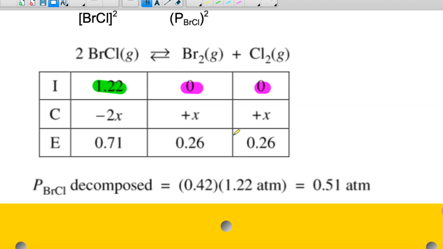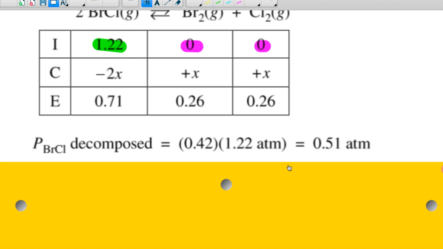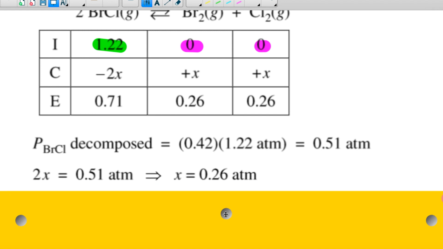So that tells you what the change in BrCl is. This would be minus 0.51 atmospheres underneath the bromine chloride. Well, if you know that that loss is 0.51 and you also know it's 2x, then we can find the value of x. Because if it goes down by some factor 2x, that's equal to 0.51 atmospheres.